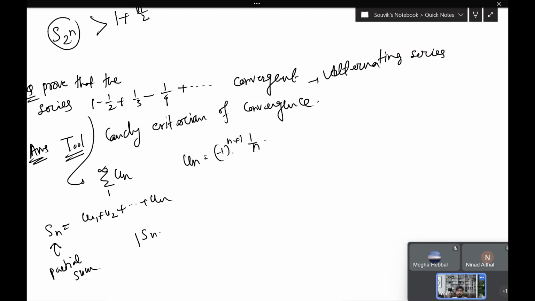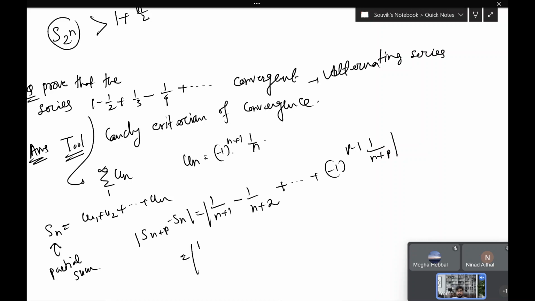Then observe that the modulus of Sn plus p minus Sn is equal to mod of 1 by n plus 1 minus 1 by n plus 2 plus dot dot dot plus minus 1 to the power p minus 1, 1 by n plus p. So this can be written as 1 by n plus 1 minus 1 by n plus 2 minus 1 by n plus 3 minus dot dot dot.